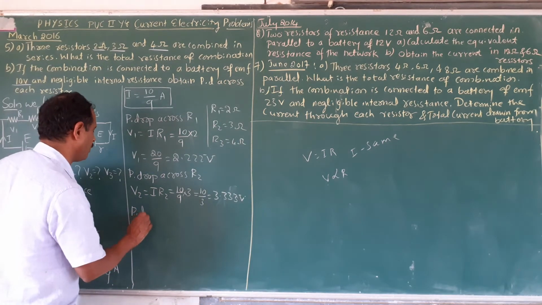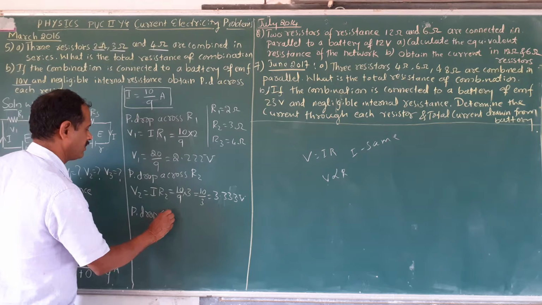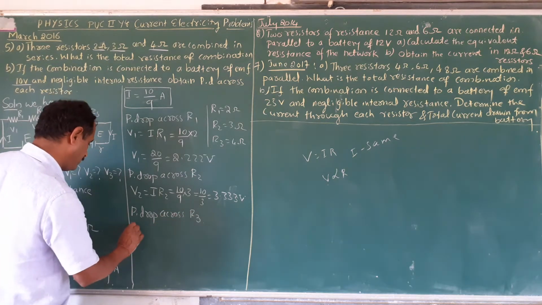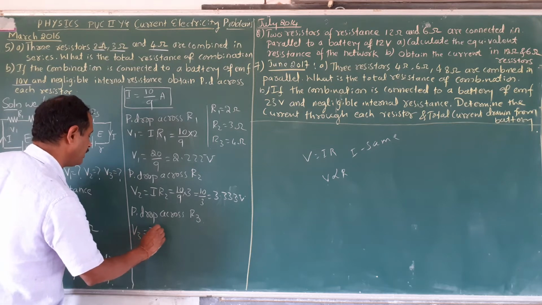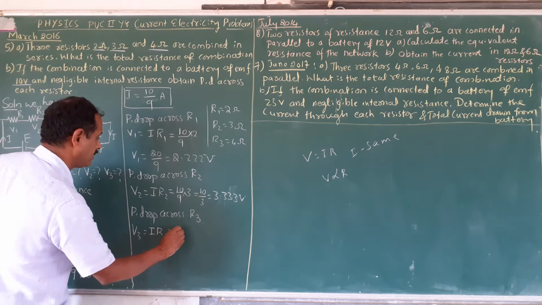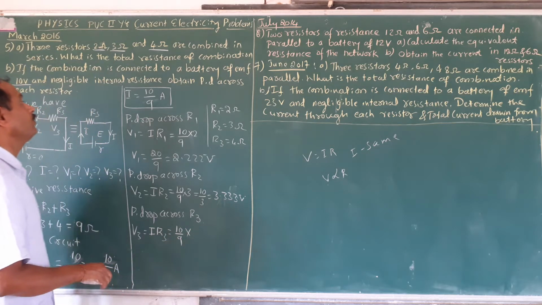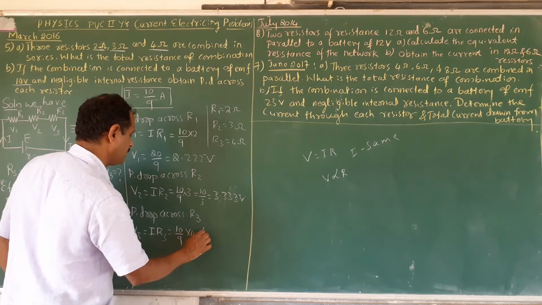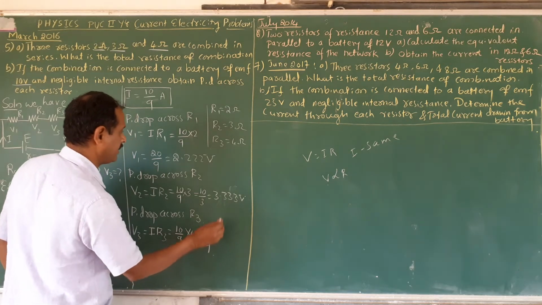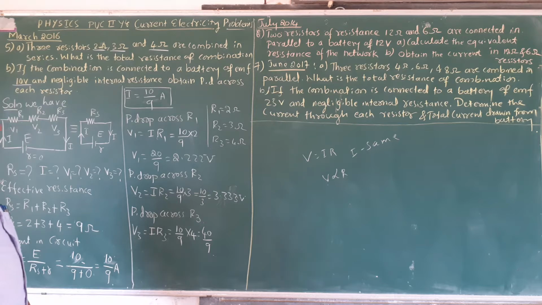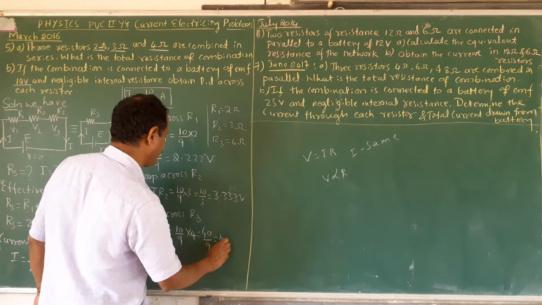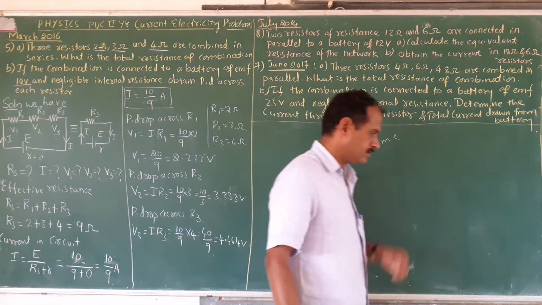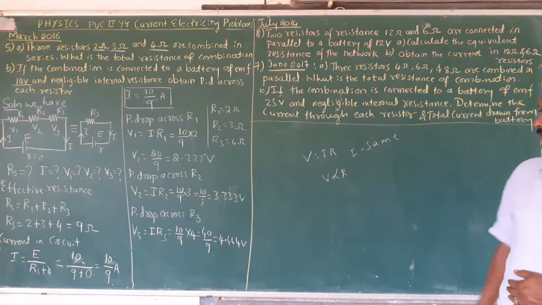And potential drop across R3: V3 is equal to I into R3. 10 by 9 into R3, R3 is 4, so this is 40 divided by 9, which is 4.444 volt.